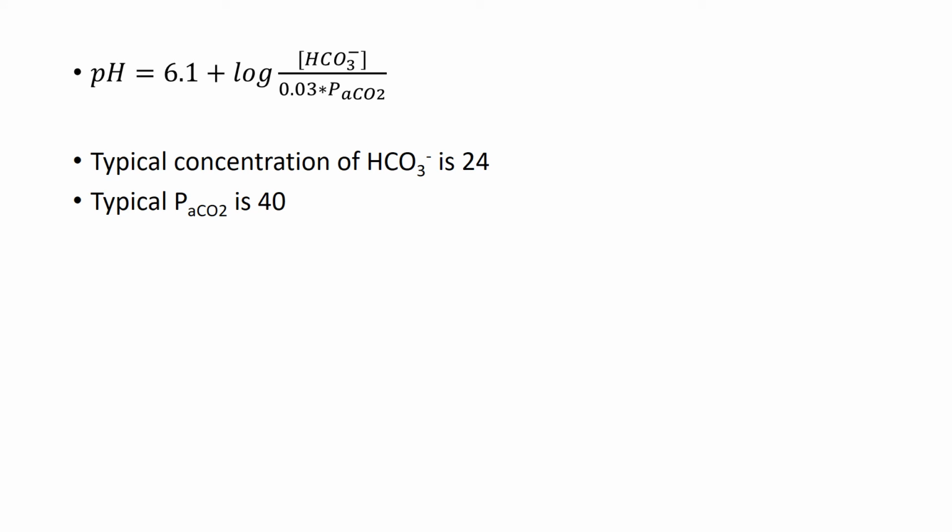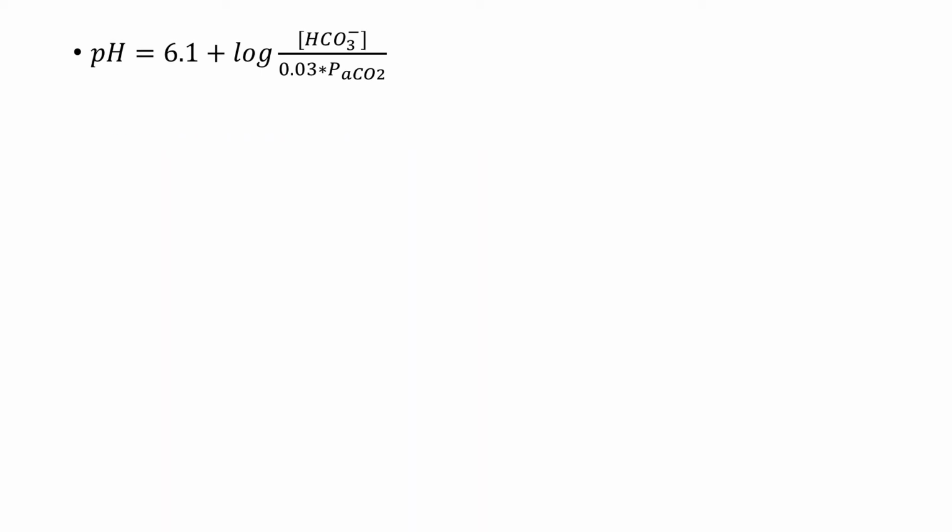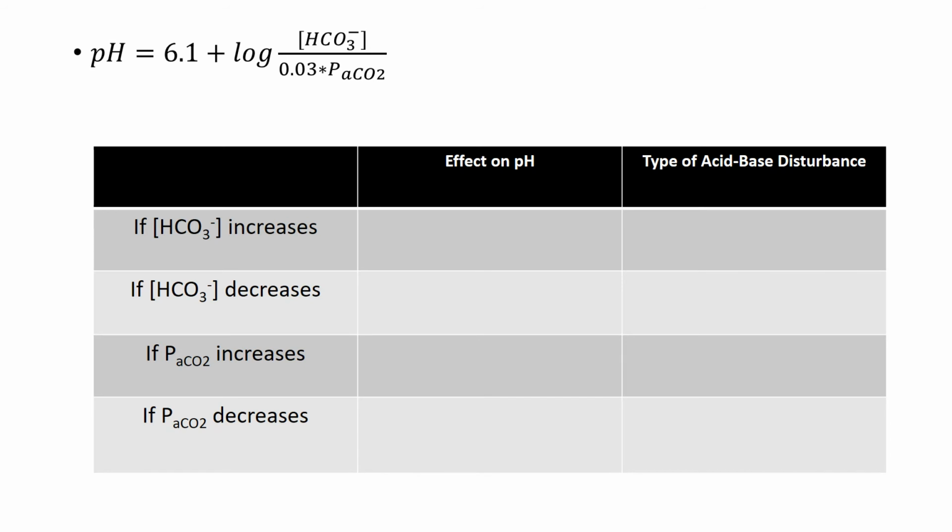Typical partial pressure of CO2 in the blood is 40. So if we just substitute those numbers in, we get a pH of 7.4. Perfect. pH of the blood is 7.35 to 7.45 normally. So this shows you that the equation makes sense. It works with our physiological understanding.